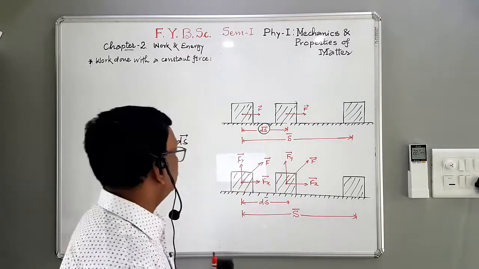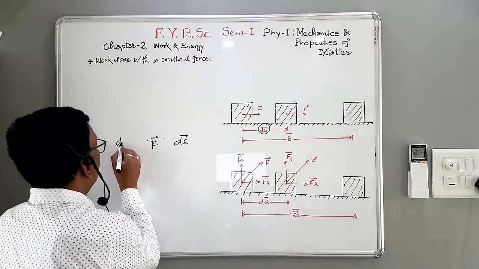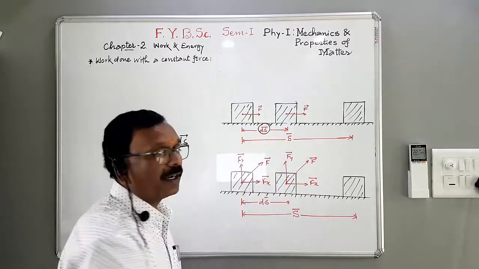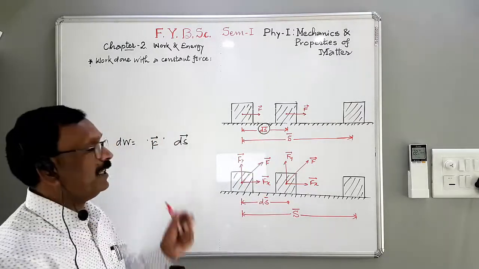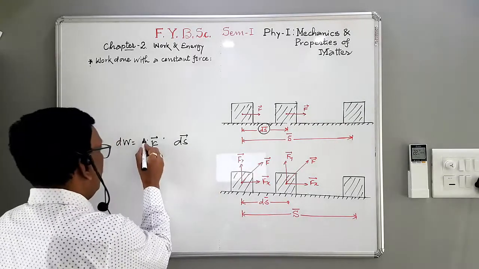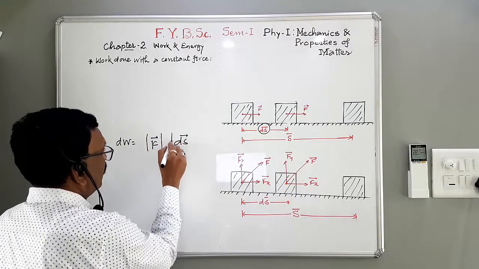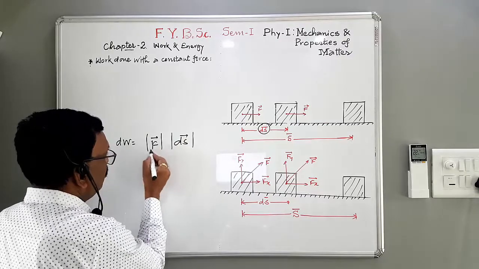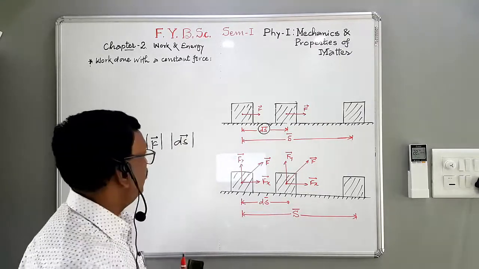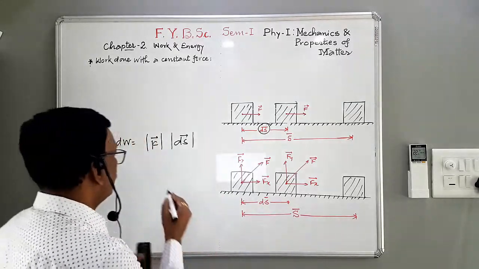Hence we can write this in mathematical form: dW, the small work done for a small displacement taken in the direction of force, is defined as the magnitude of force, mod of F, times the magnitude of displacement, mod of ds.